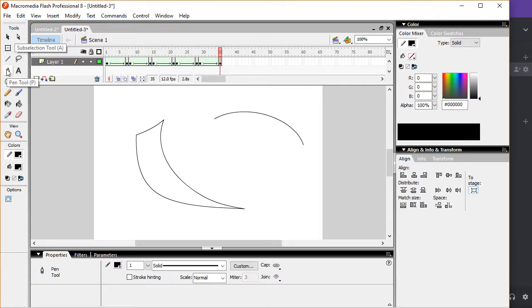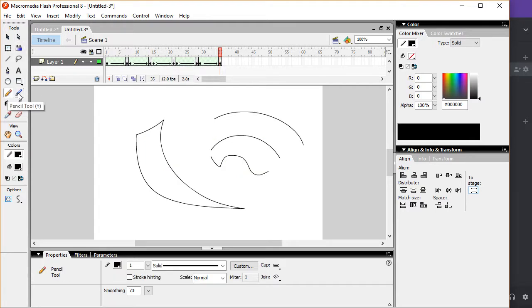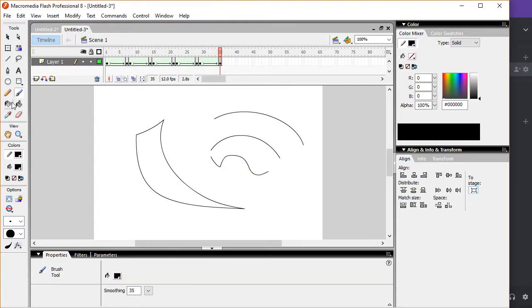Pen tool, it's gonna always be cubic curves. And pencil tool is also cubic curves as far as I know. I might be wrong. Yeah, I think it's cubic curves. This is not very aligned. Not at all. Yeah, it's totally cubic curves for the pencil, and most likely the brush too.